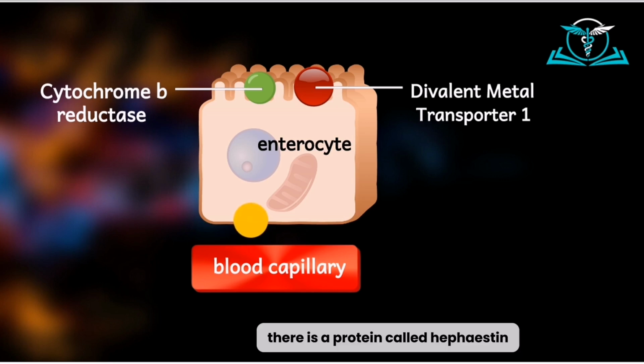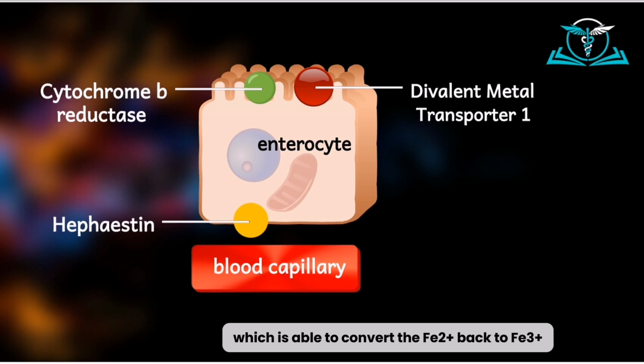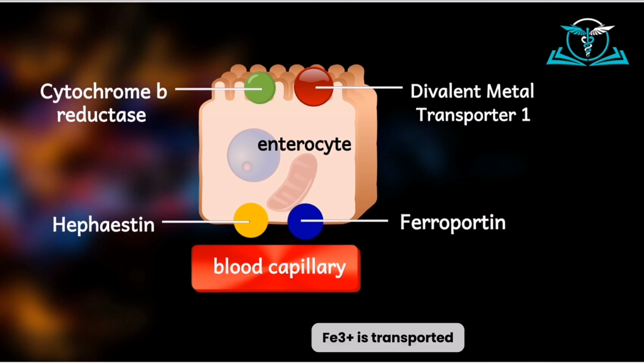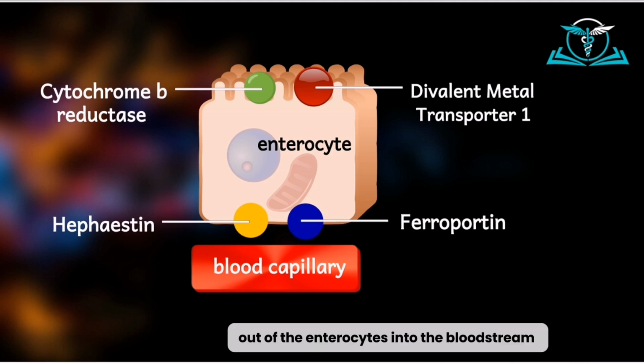There is a protein called hephaestin, which is able to convert the Fe2+ back to Fe3+, because we usually carry iron in the blood as Fe3+. And then after the iron has been converted into Fe3+, through an iron transporter called ferroportin, iron 3+ is transported out of the enterocyte into the bloodstream.